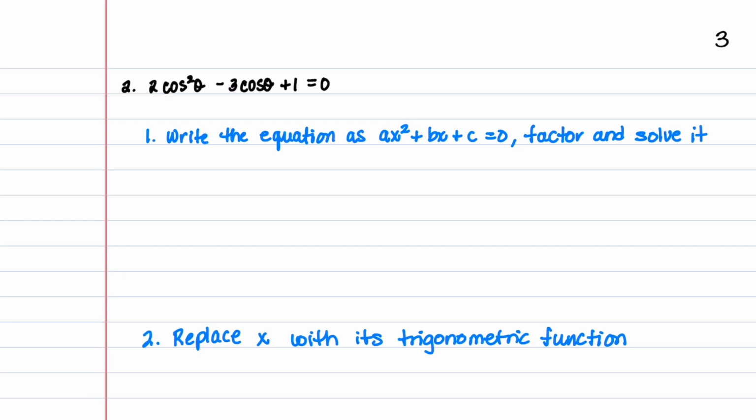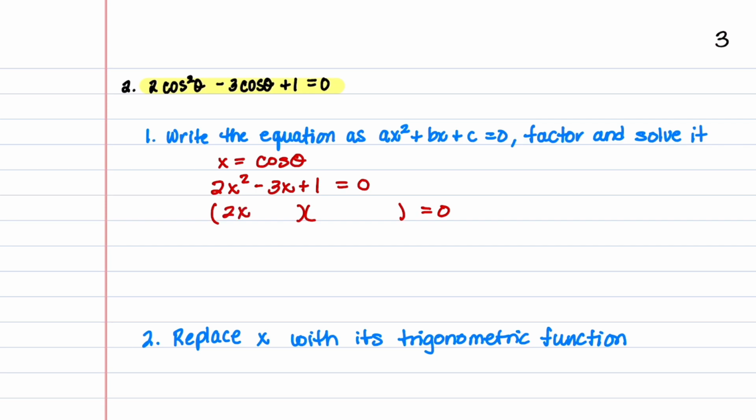The second example that we'll look at is 2 cosine squared theta minus 3 cosine theta plus 1 is equal to 0. We'll first let x be equal to cosine theta, and that gives us 2x squared minus 3x plus 1 is equal to 0. We'll factor this.